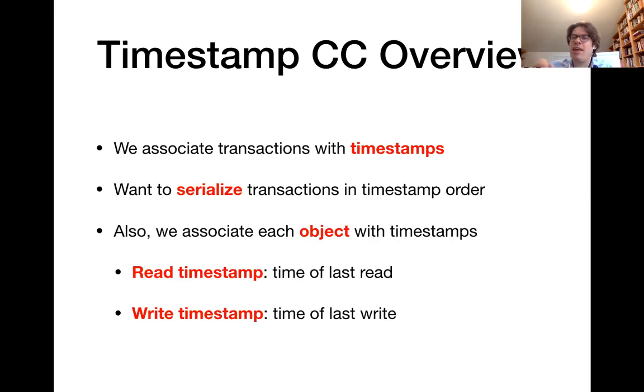So if a transaction with a certain timestamp reads an object, then the read timestamp of the object is updated to the timestamp of the transaction, because logically, each transaction executed instantaneously at its assigned timestamp. And this is why we update read and write timestamps from the transaction timestamps.